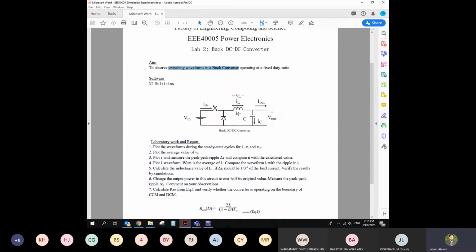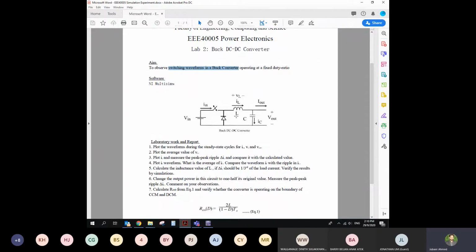If you refer to chapter 3, there are ripple equations for every single converter, and they are connected with the value of the inductor and the capacitor. When you change the value of the inductor and capacitor, the ripple will either increase or decrease. Depending on that, we have to find suitable values of the inductor and capacitor in the simulation, then we can construct it in the hardware.